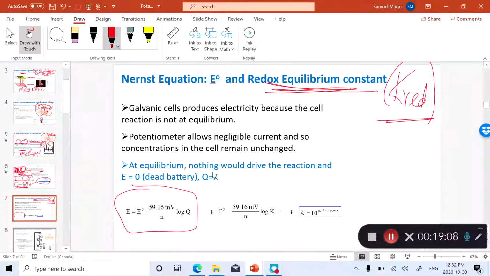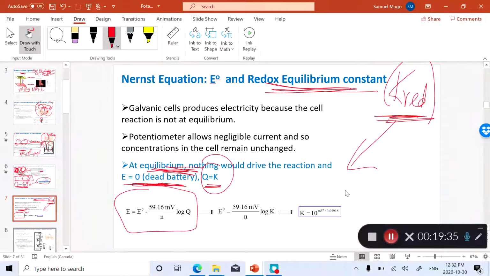And so I'm not getting any electricity being generated. And at that point, the reaction is at an equilibrium. And so the E is equal to 0. The battery is dead. And at that point, the Q, the reaction quotient, is equal to the K. And that's how people actually determine the equilibrium constant of different types of reactions.